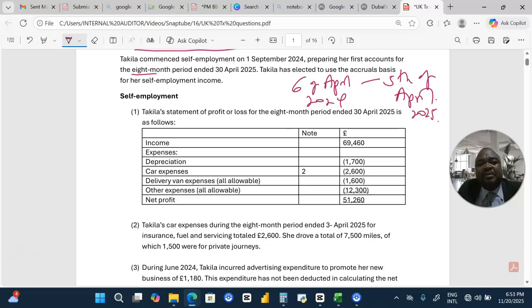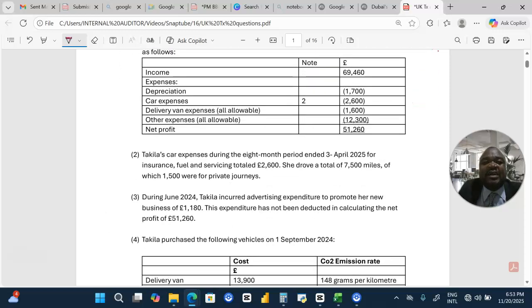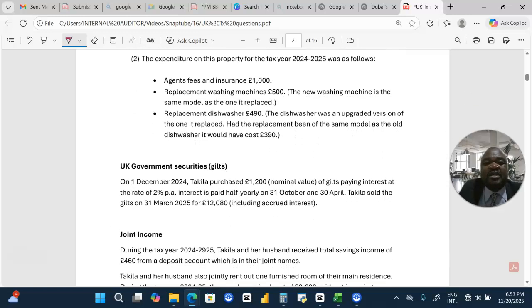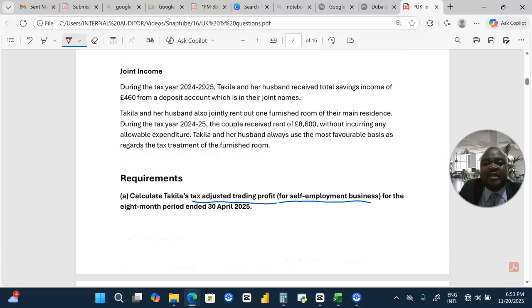Before we read further, it is wiser to go through the question requirements to understand what is being asked of us. You are required to calculate Takila's tax-adjusted trading profit for self-employment business.